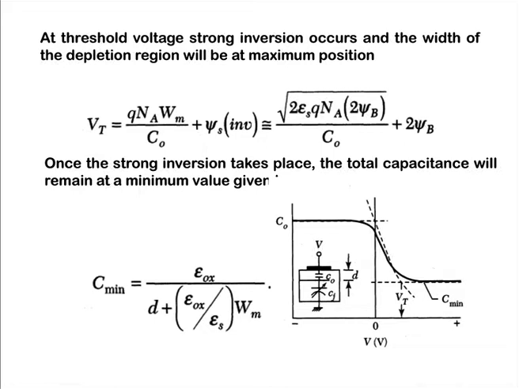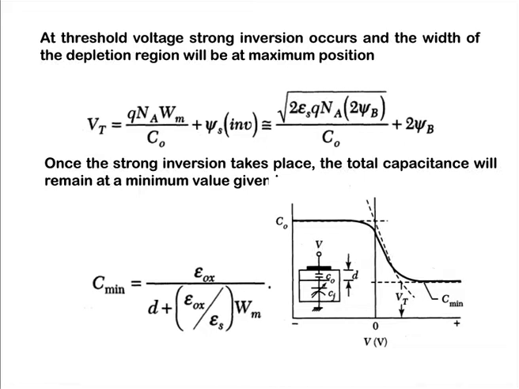So, if you apply this threshold voltage, now our surface is in the strong inversion region, and an electron layer is created on the surface. In this case the capacitance will be the minimum. So, C minimum equal to epsilon Ox upon d plus epsilon Ox upon epsilon s Wm.